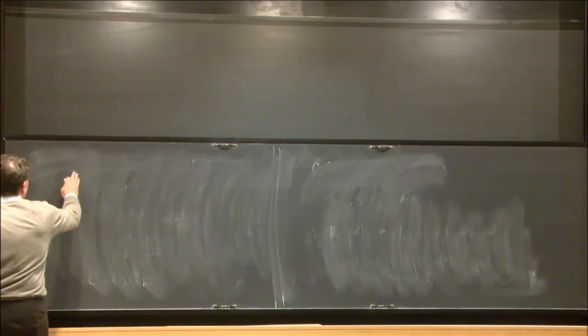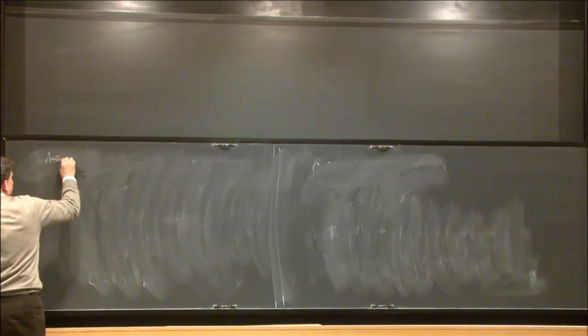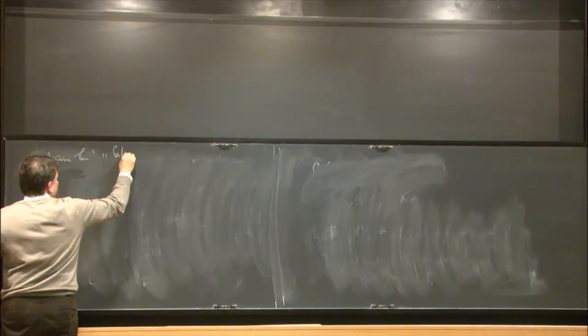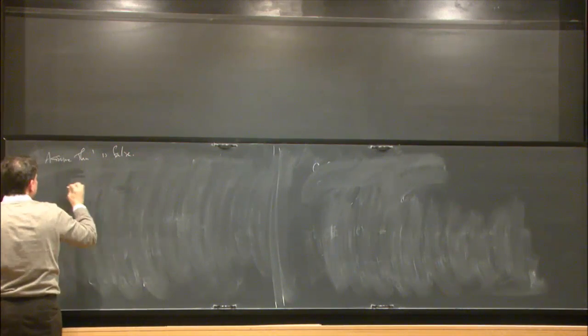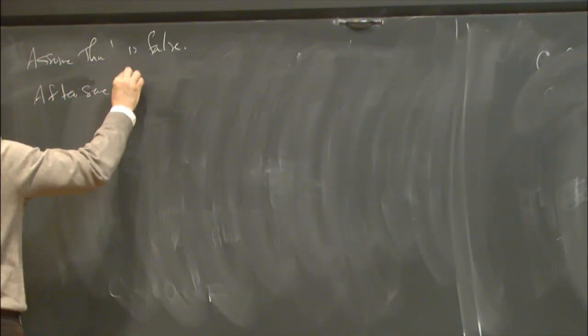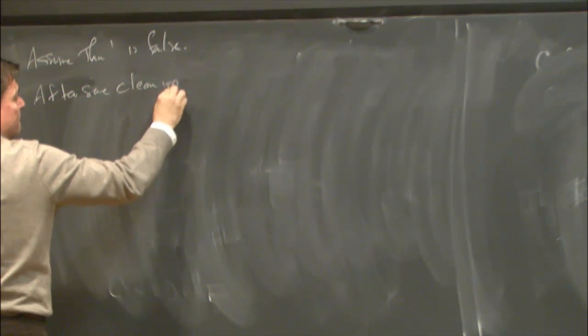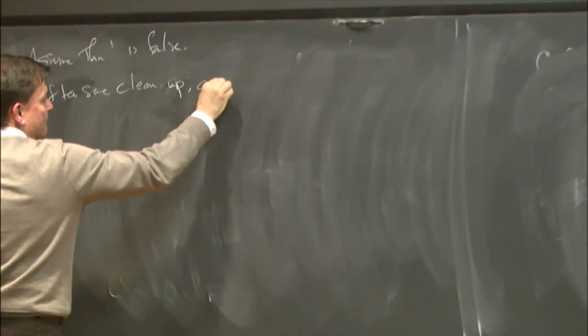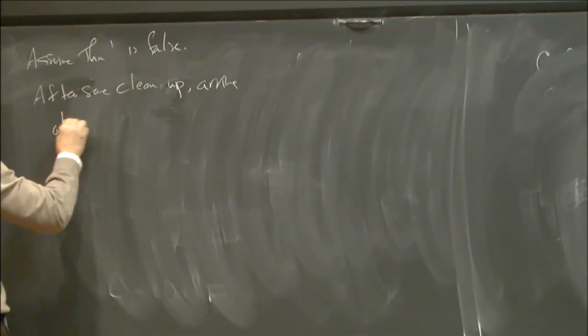So we're going to assume that the theorem is false. Okay, and then after a little bit of work, so after some cleanup, you arrive at a picture like this.